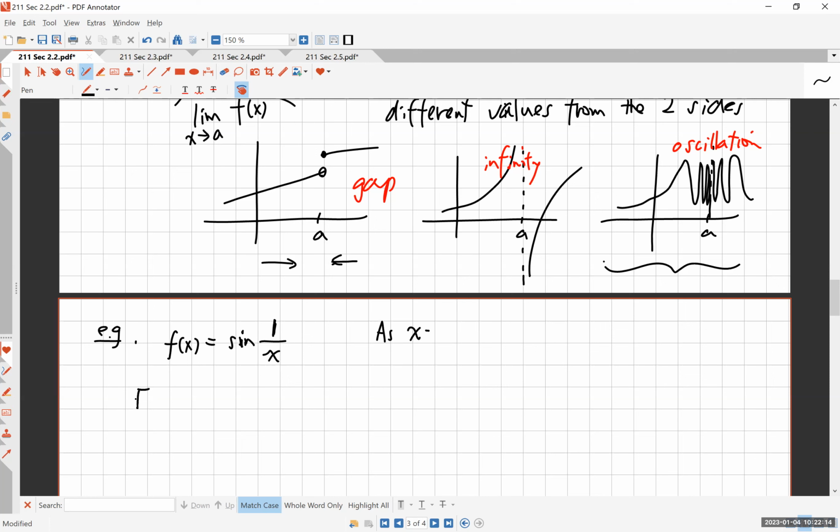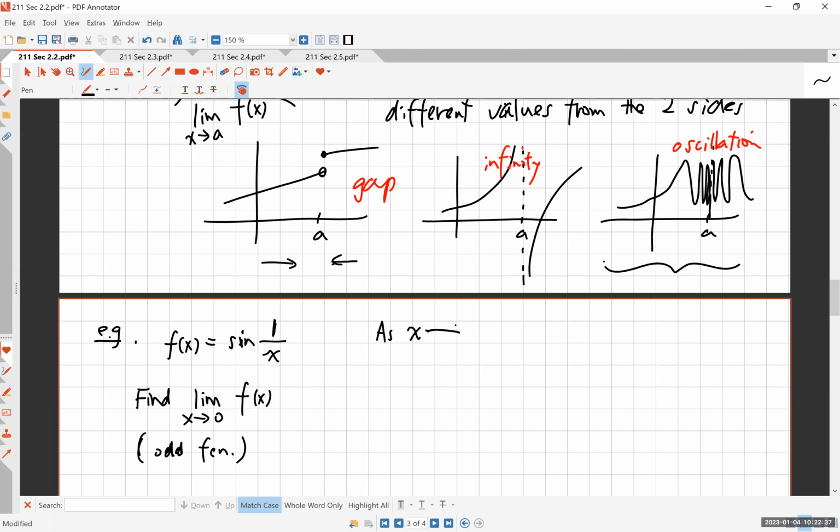The problem is to find the limit of f of x as x approaches 0. First of all, this is an odd function, so you can figure out what happens on the left-hand side if you know what happened on the right-hand side.